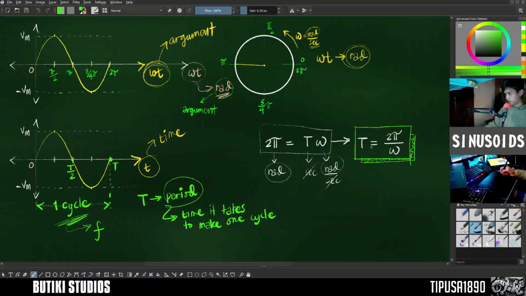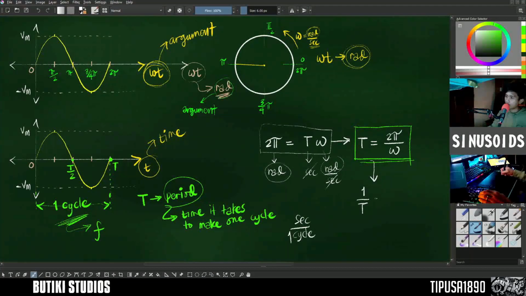So if we continue from this definition, period, the time it takes to make one cycle, if we now take the reciprocal of this T, we get 1 over T. So this is one cycle per second, or the number of cycles per second.